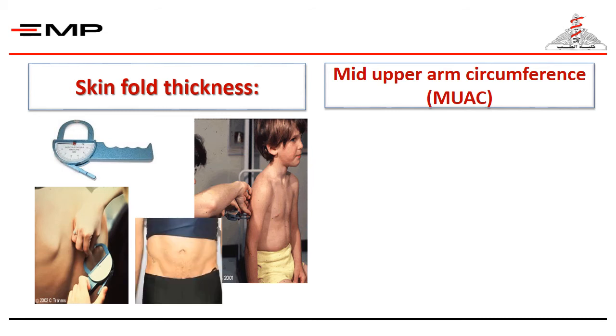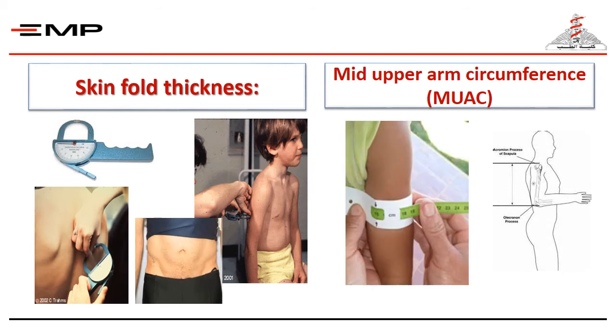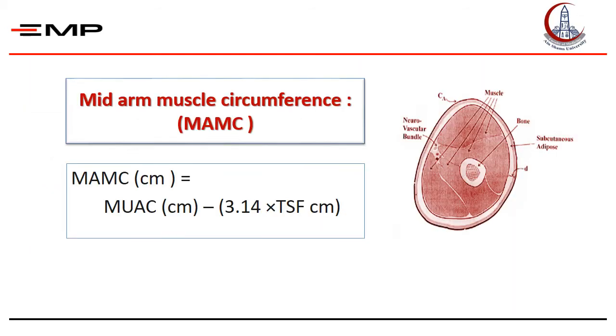Triceps skin fold thickness is used along with the mid-upper arm circumference, measured midway between the olecranon process and acromion process, to calculate the mid-arm muscle circumference using this formula. This is important in assessment of children with protein energy malnutrition, in which there is reduction in the muscle bulk.